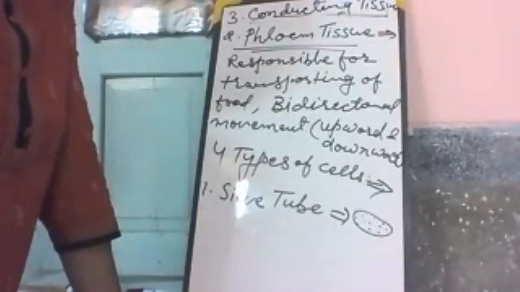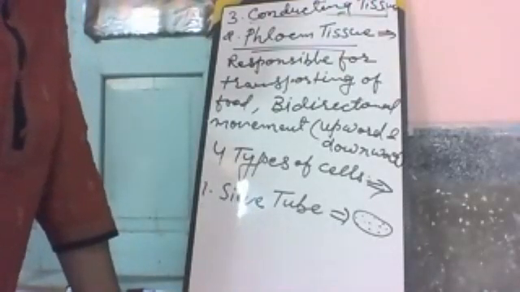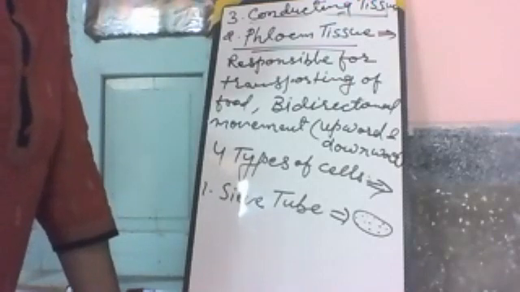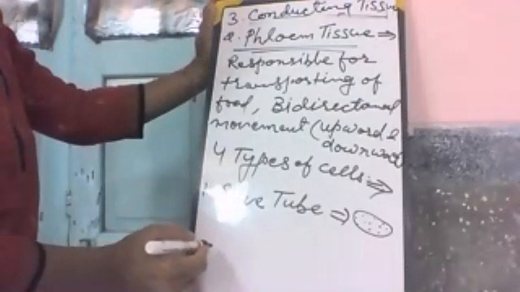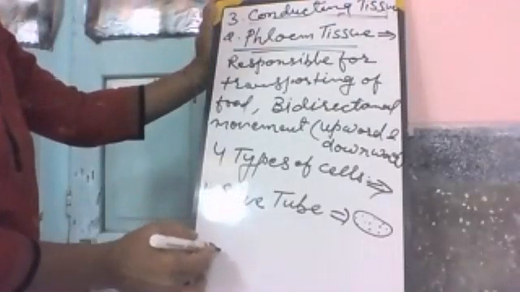These sieve tubes are elongated cells placed end to end, same as the xylem vessels. Transverse cell wall plates are perforated. They are in this way.